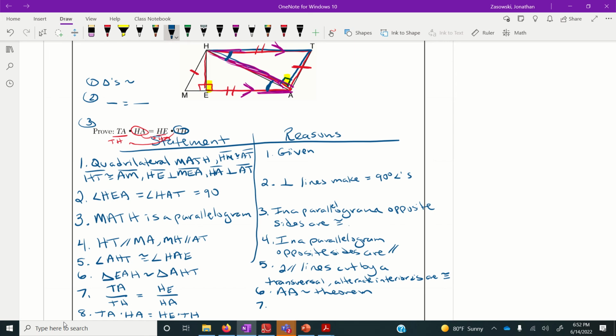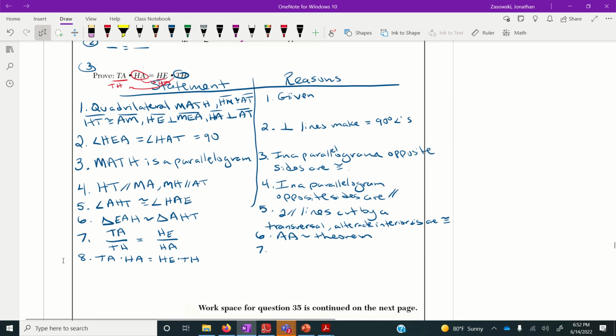Okay? Remember that this one is kind of also like CPCTC, but we can't abbreviate. So corresponding sides in similar triangles are proportional. All right. And then 8 is going to be now the formal math term: product of the means is equal to the product of the extremes.